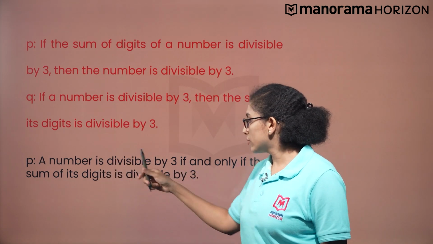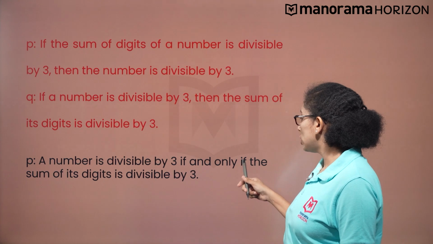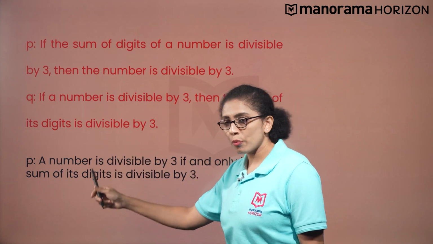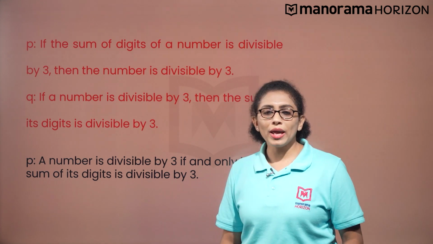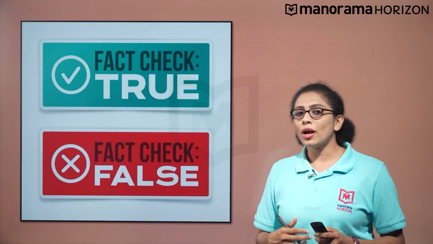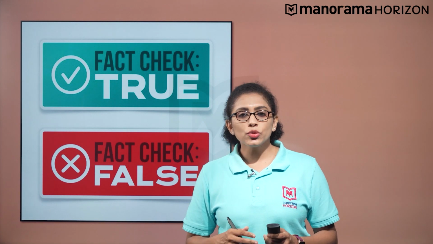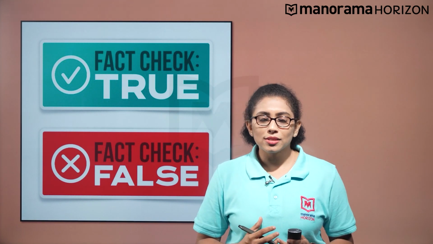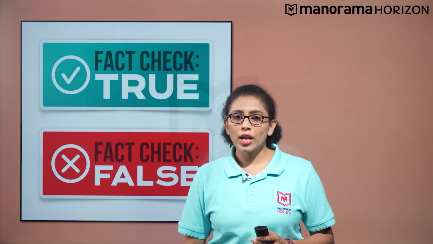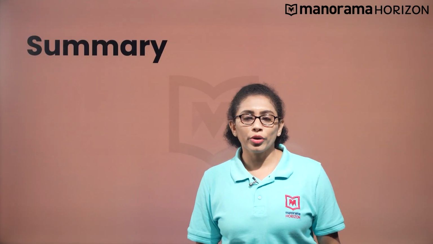A number is divisible by 3 if and only if the sum of its digits is divisible by 3. So, we have discussed some conditional statements. Next, we need to check this condition, which will be discussed in the upcoming video. Now, let's have a quick recap of what we have discussed.